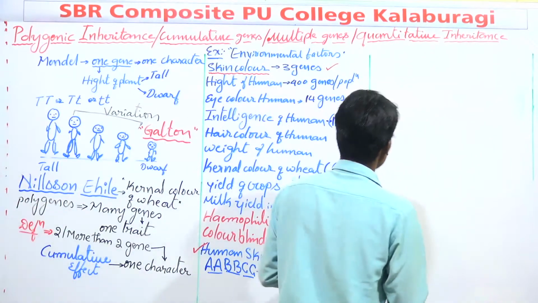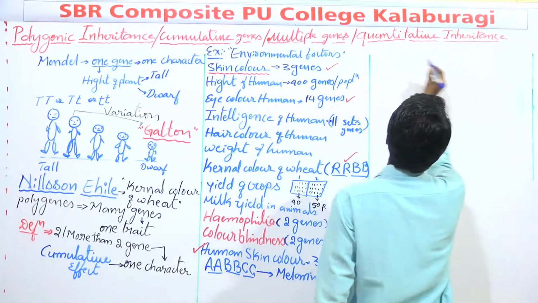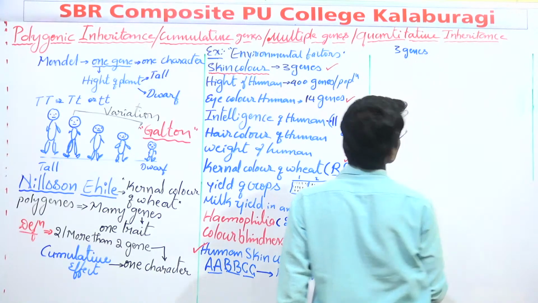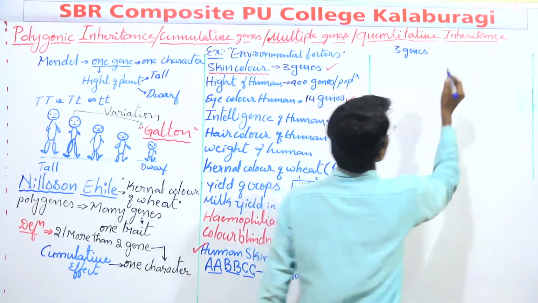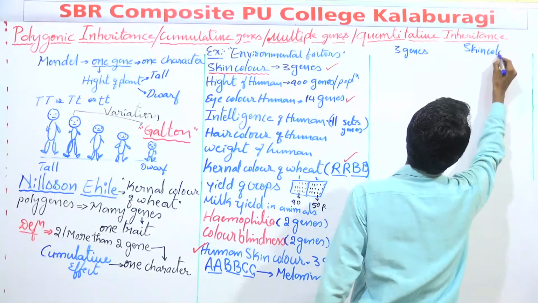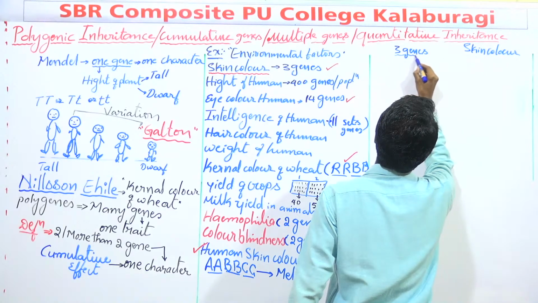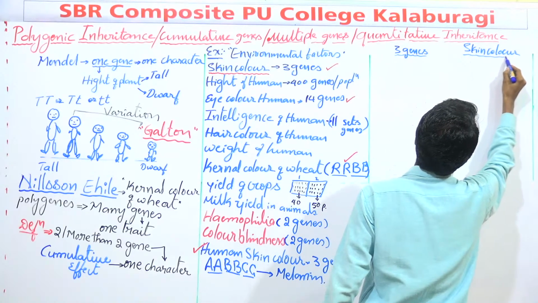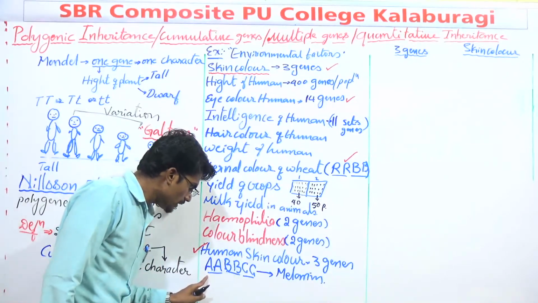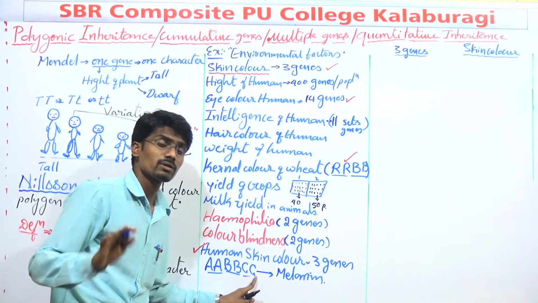I told you how many genes are responsible for skin color: 3 genes. And dear students, you must remember how many alleles are present in these regions? 6 alleles are present.